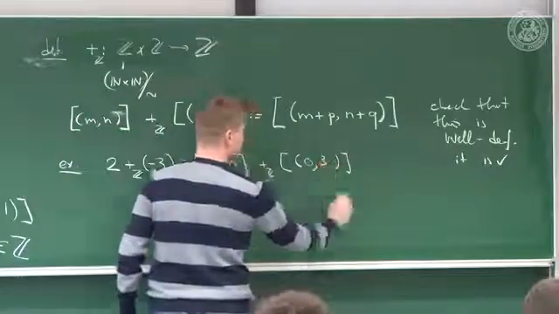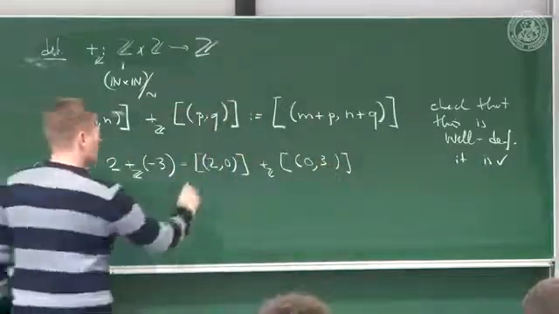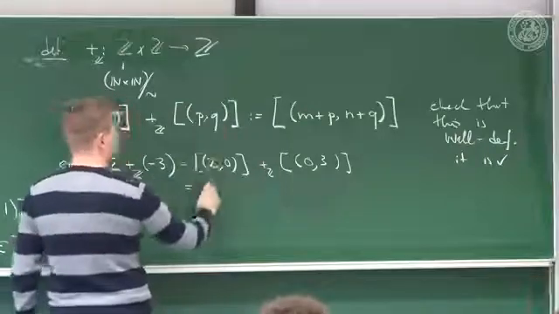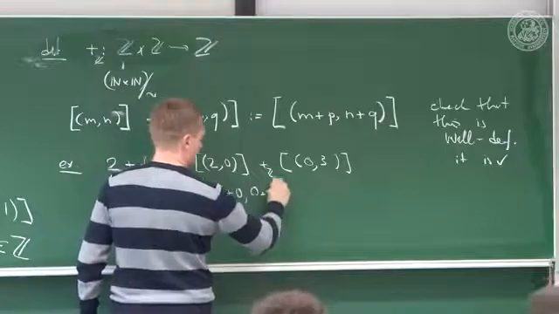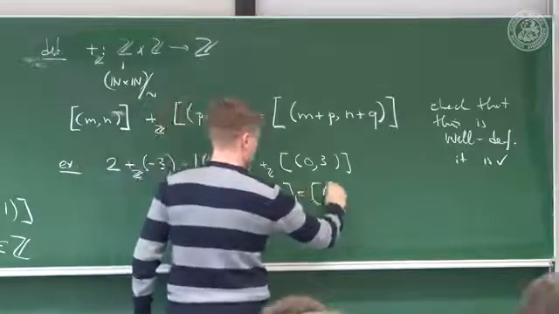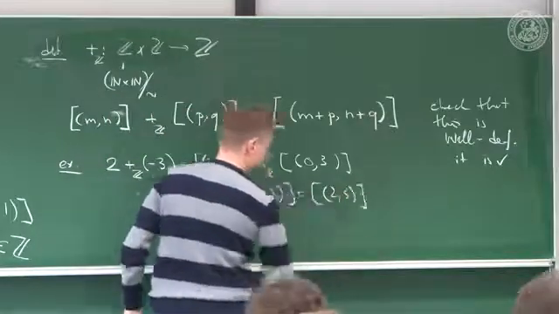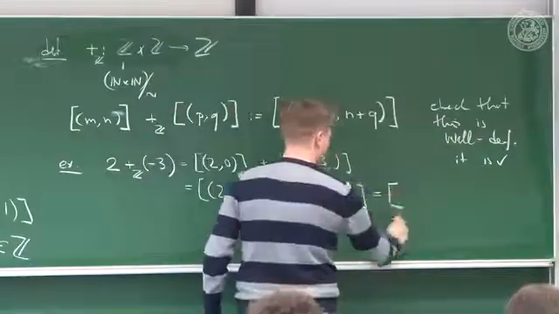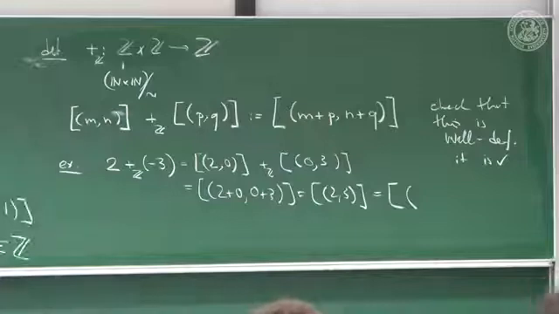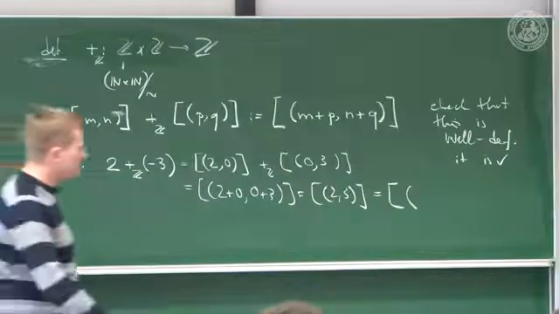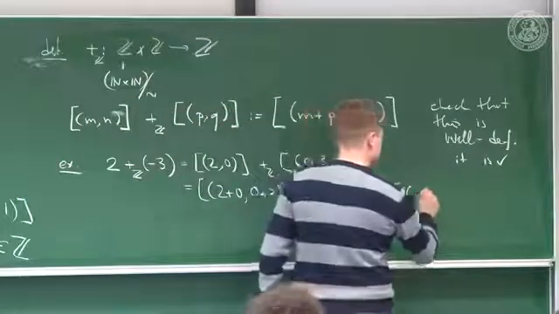Well, let's take 0, 3. It's a simple one. Now we take the definition of the plus. This is 2 plus 0, 0 plus 3. This is, of course, 2, 3. Now, 2, 3, however, one can check by the definition of this equivalence relation, is 0, 1.